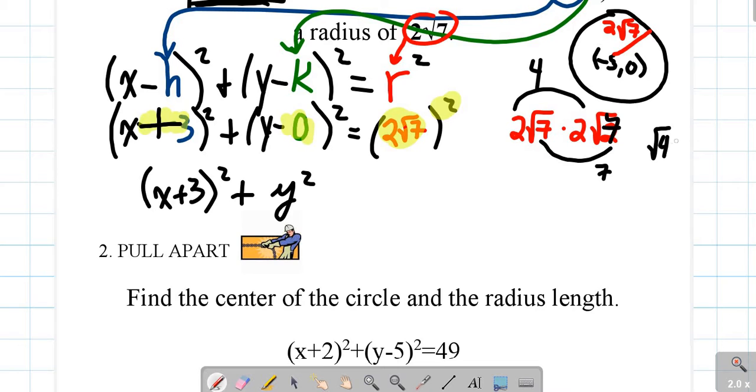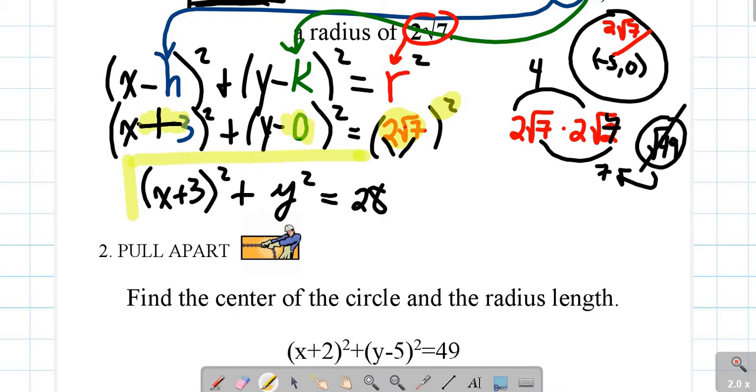Technically, it's √49, but that's a perfect square, so I'm not going to write √49. I'm just going to go straight for the 7. So 4 times 7, our final answer when we square this number is 28. And that, my dear, is building an equation of a circle.